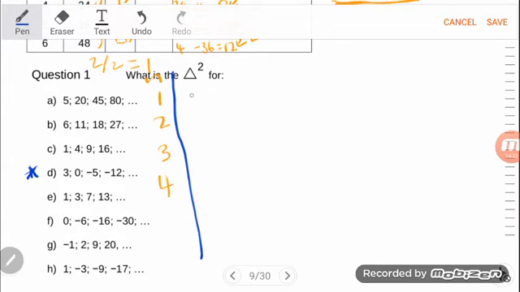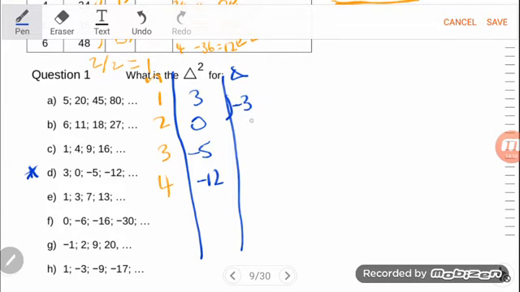We've got 3, 0, -5. This is looking really weird. I'm quite sure some of you are thinking this, but that's okay. We've got our steps. First, we've got to find our first difference. Delta. Our first difference is -3. We're going down. Our next difference is -5.